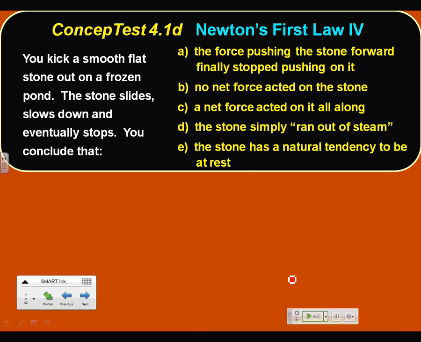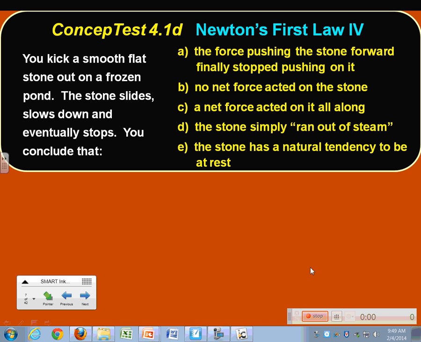All right, you kick a smooth, flat stone out on a frozen pond. The stone slides, slows down, and eventually stops. Which of these do you conclude?